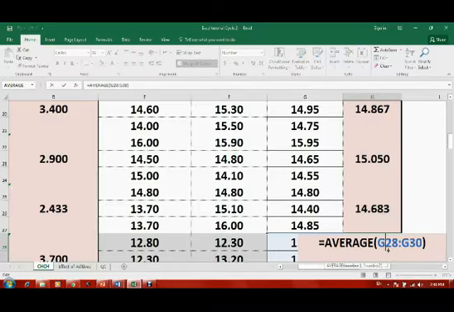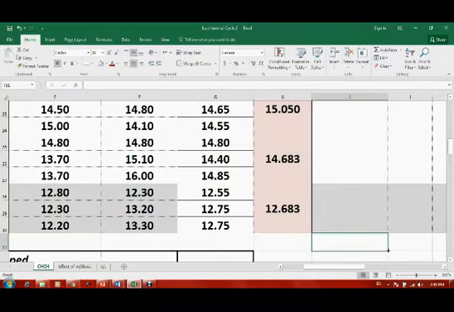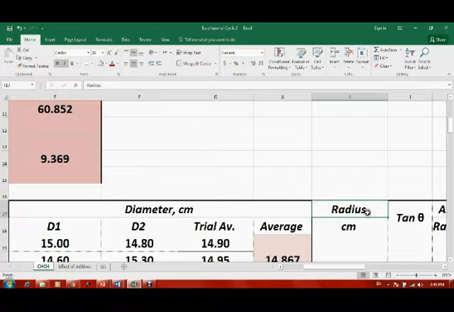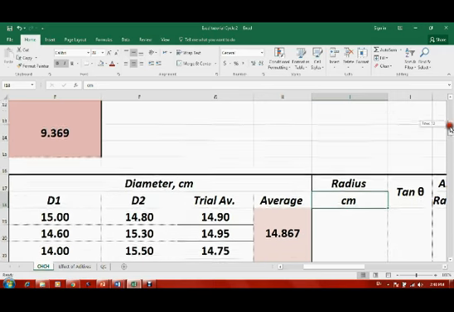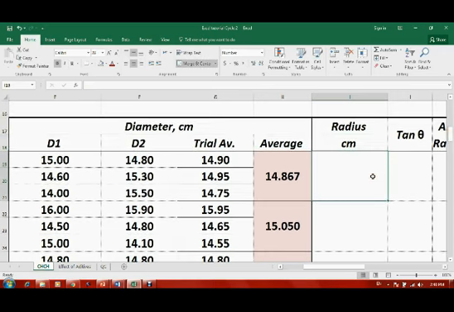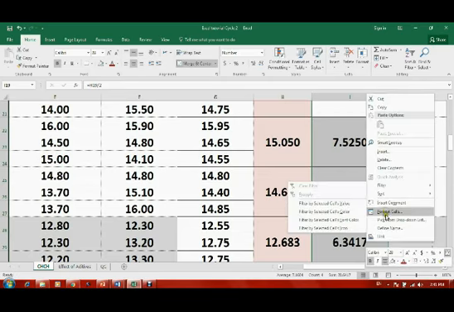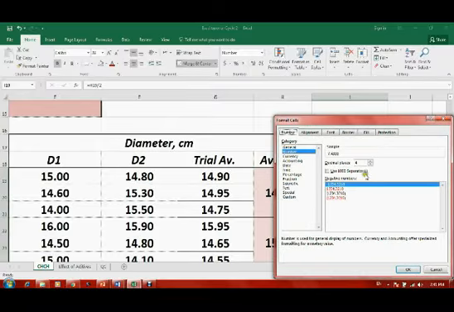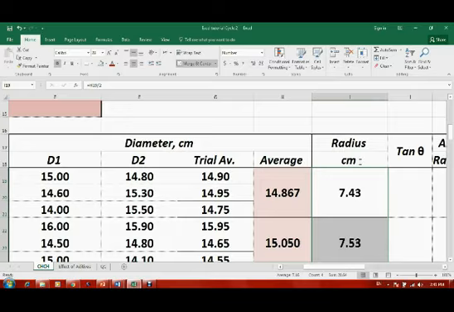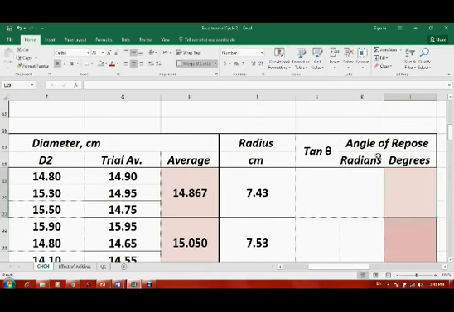Now, the radius. The radius is 1/2 the diameter. In angle of repose characterization, you can use up to 2 or 3 decimal places. Now, to reach the angle of repose, we will calculate the tan value of the angle.